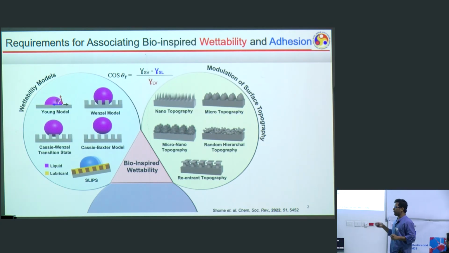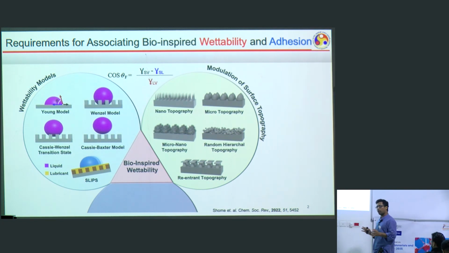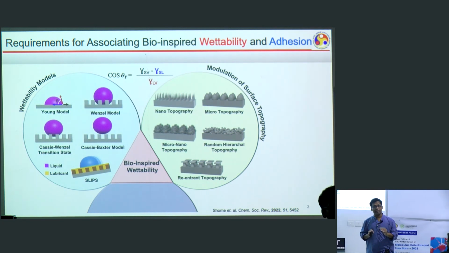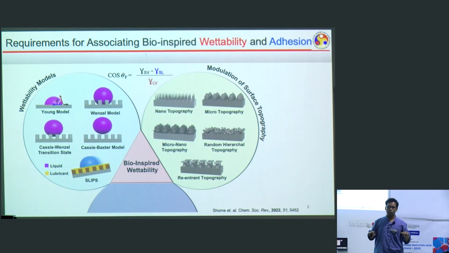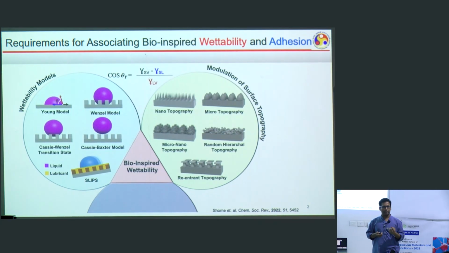Okay, that's the way Young introduced this particular equation, which is smart, simple, and works pretty well if your interface is perfectly smooth. But in a real situation, things are different, right? There will be some sort of roughness, and that's the point where you find contradictions or mismatch between your theoretical predictions and your exact calculation of the contact angle.